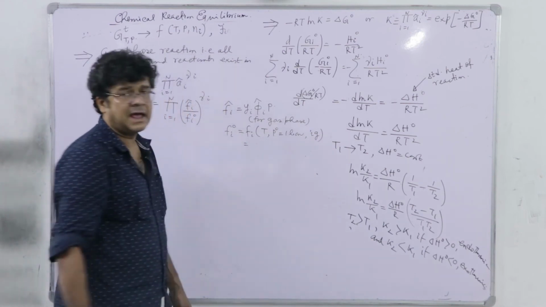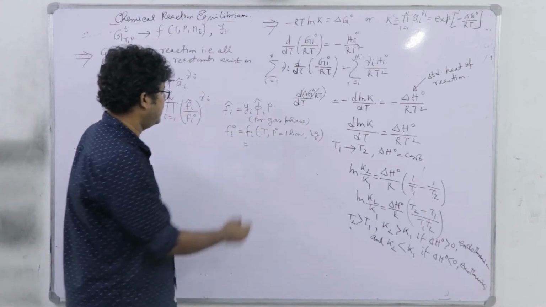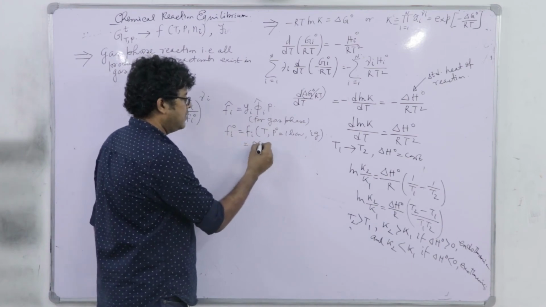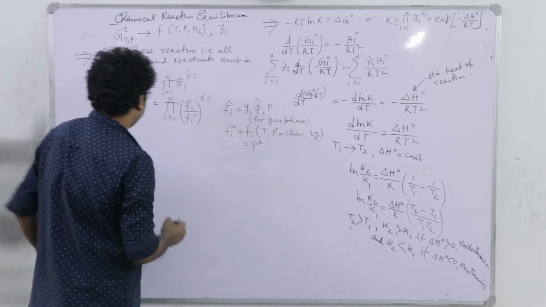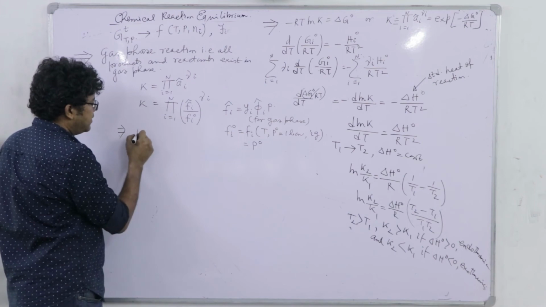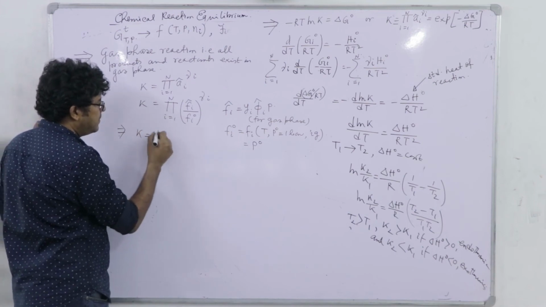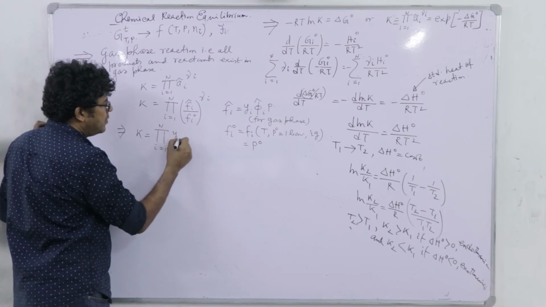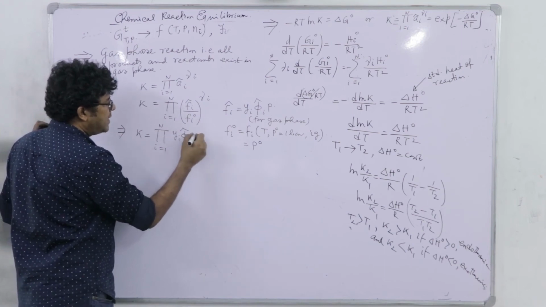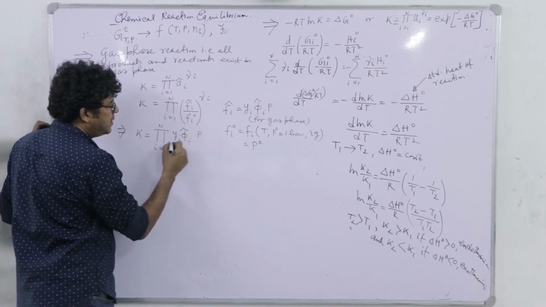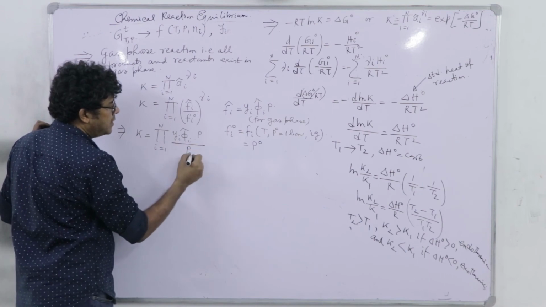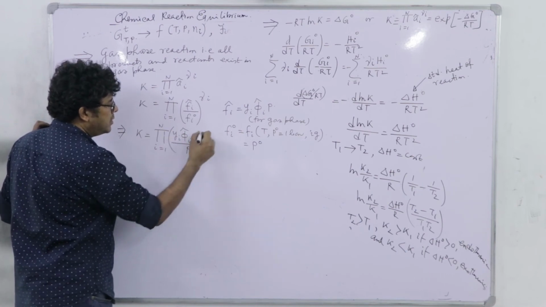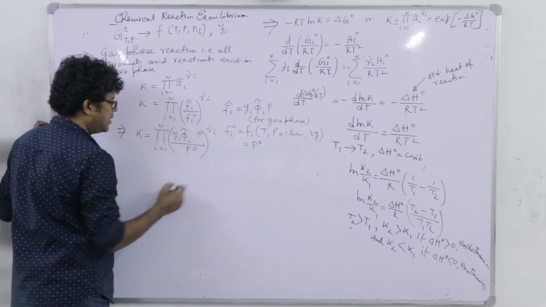For an ideal gas, the fugacity is the same as pressure, so f_i naught is the same as P naught. So we have K equal to the product over i from 1 to n of y_i phi_i cap times P by P naught, to the power nu_i.